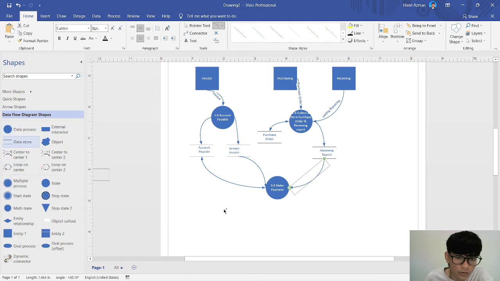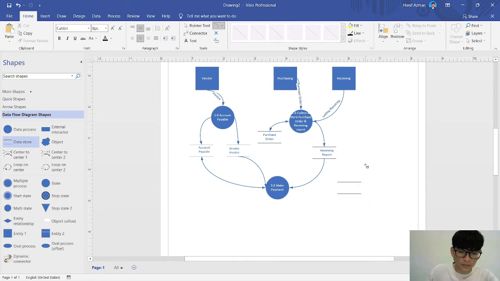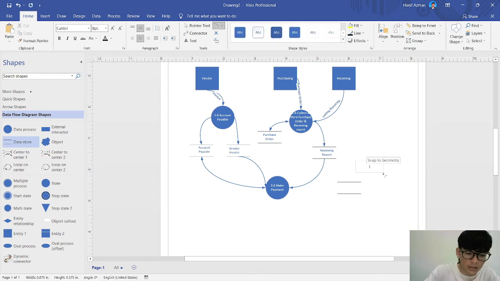And I forgot to put a data store here, which is the cash disbursement journal.